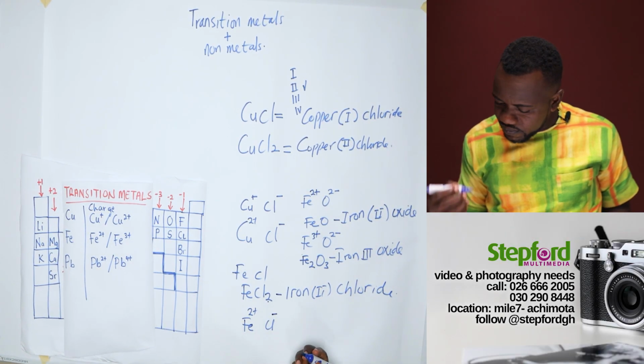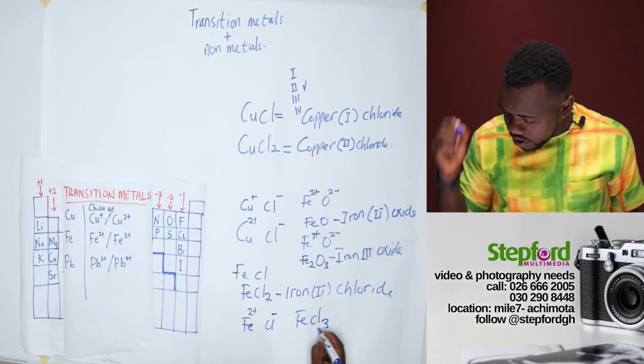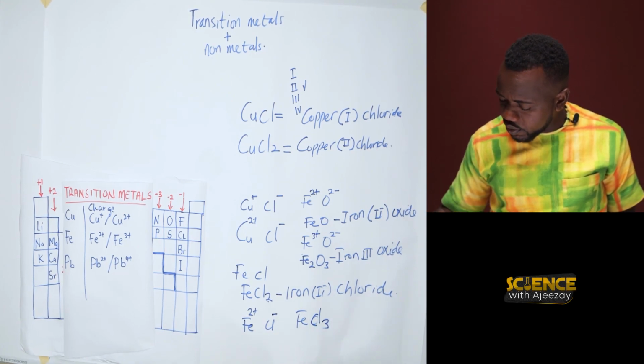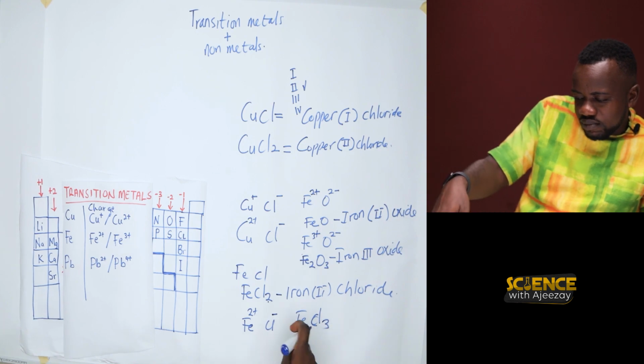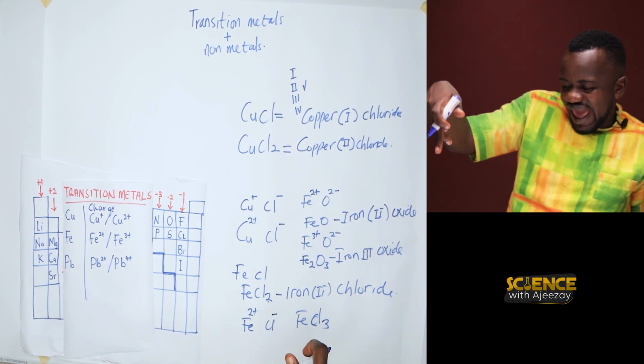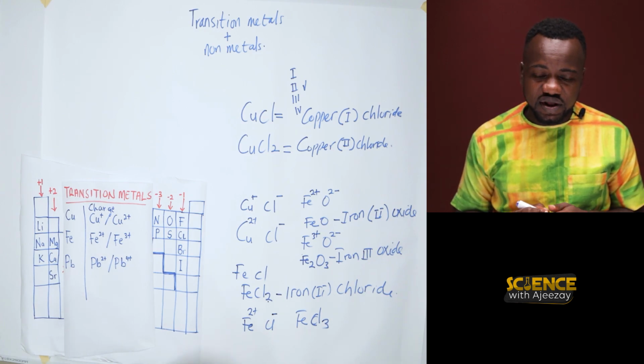It could also be iron(III), like this, FeCl3. The 3 here is coming from the iron, so iron(III) chloride. I believe it's getting clearer.